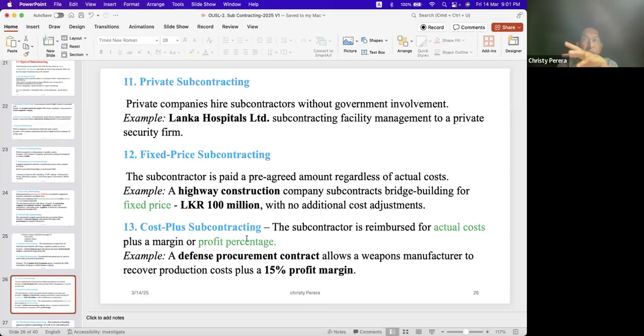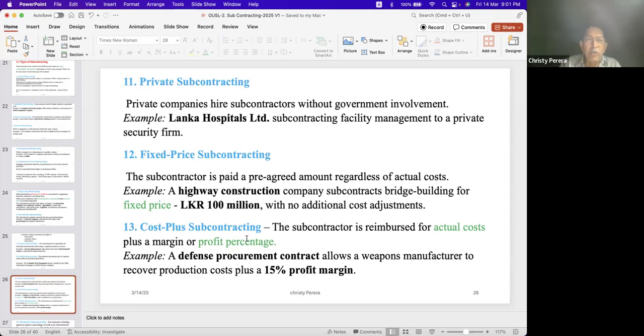So I was doing a subcontract for some other company. Lanka Hospitals is an SOE, a state-owned enterprise.